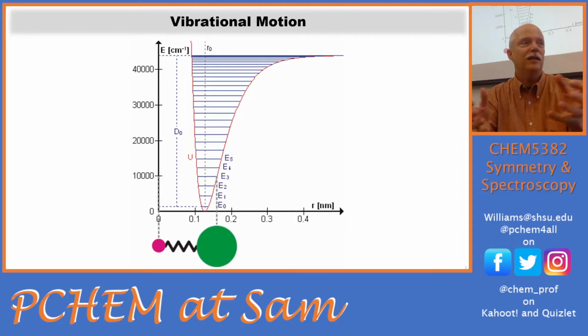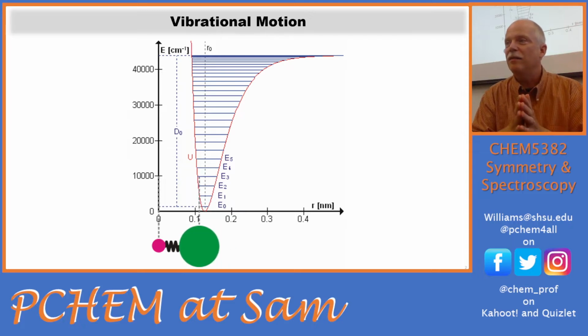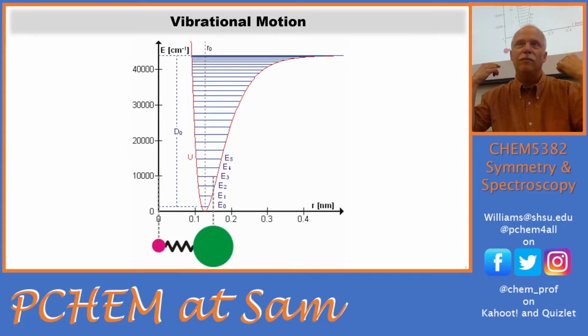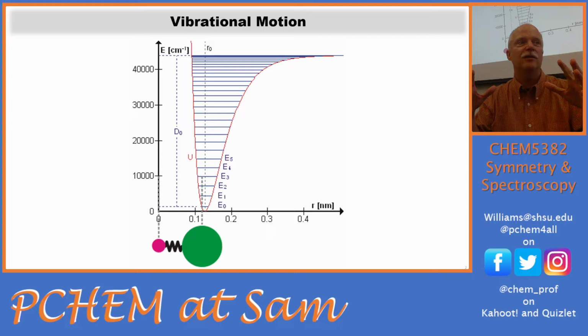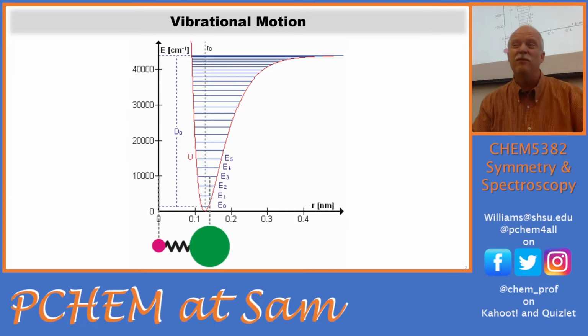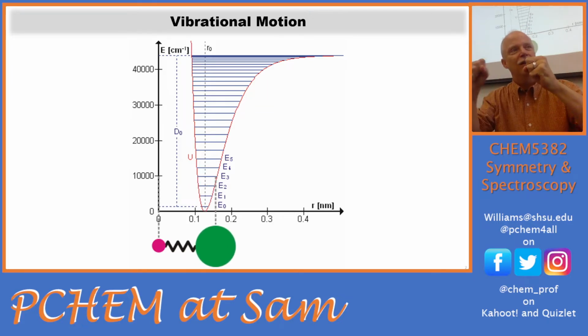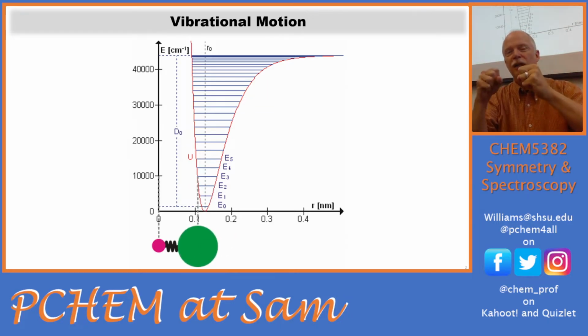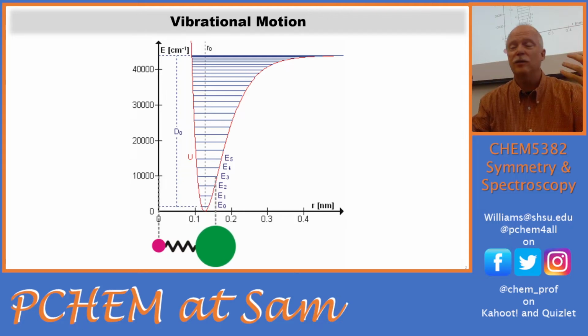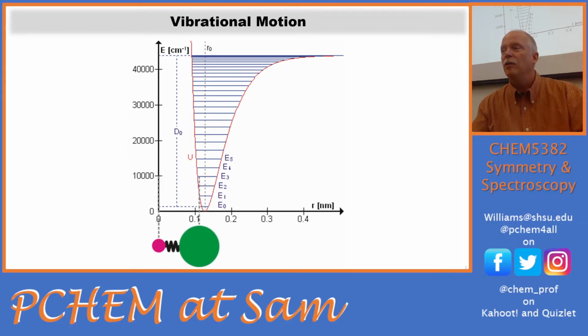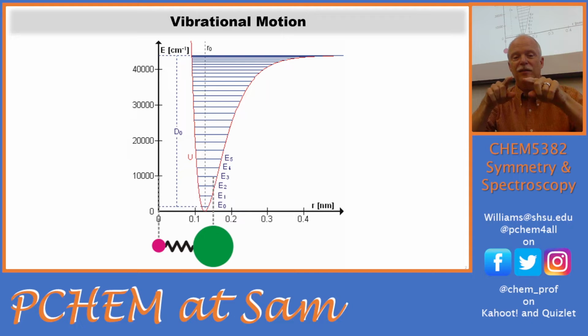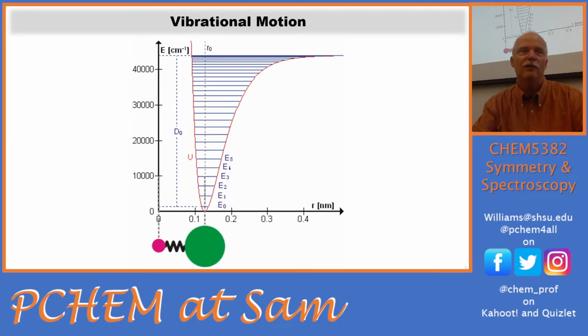The harmonic oscillator, we're using that math to model vibrational motion, which is being governed by a wave function. So once again, we have a classical model of a mass vibrating on a spring, and that math fits our spectroscopy really well. But when you get down to it, the behavior down in the bottom energy levels is the wave function behavior.